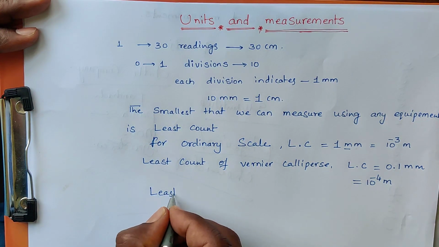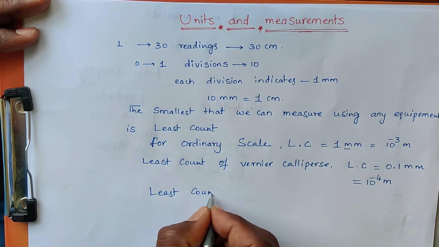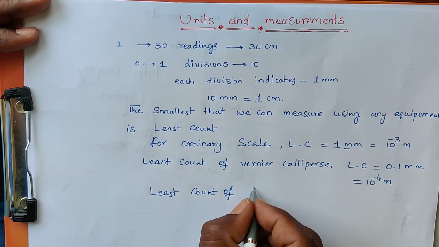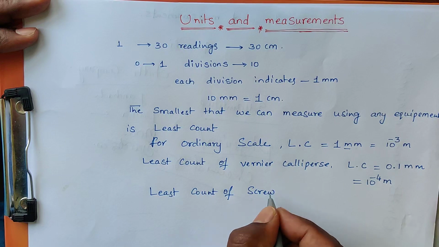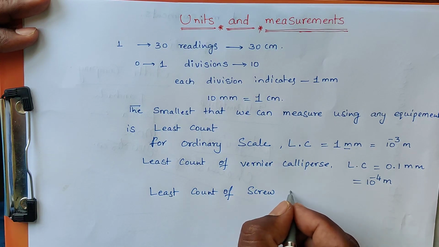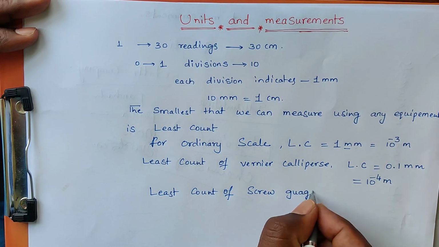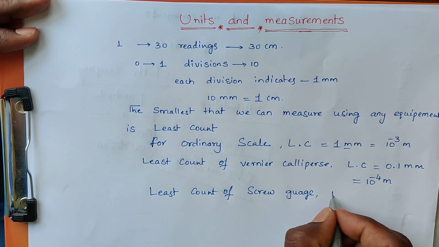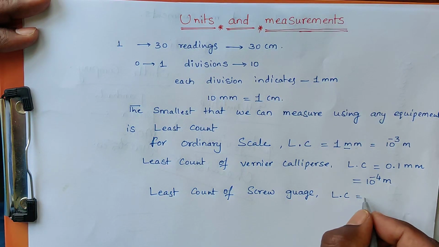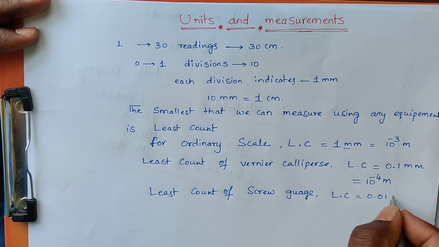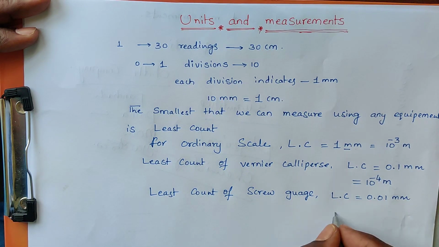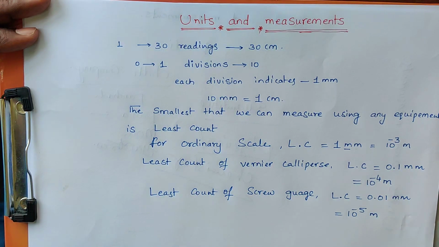Similarly, the least count of screw gauge, still we can measure lesser lengths. The smallest value that we can measure using a screw gauge is nearly 0.01 millimeter. That is 10 to the power of minus 5 meters.